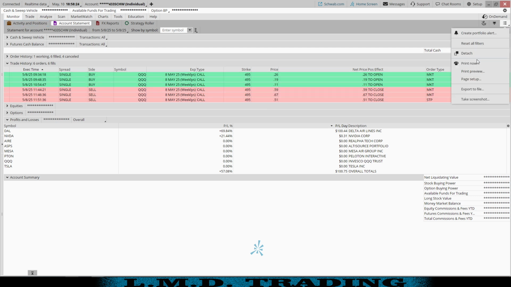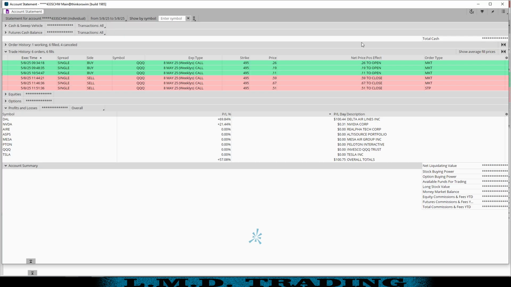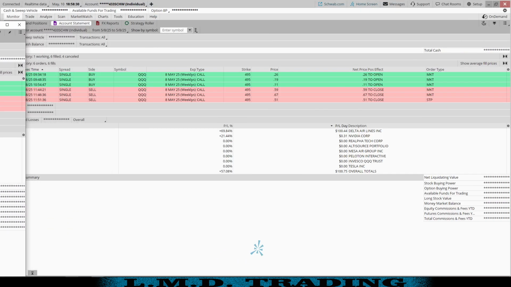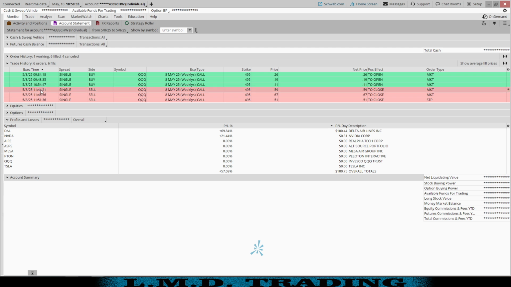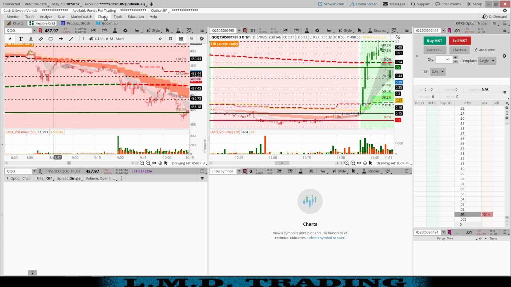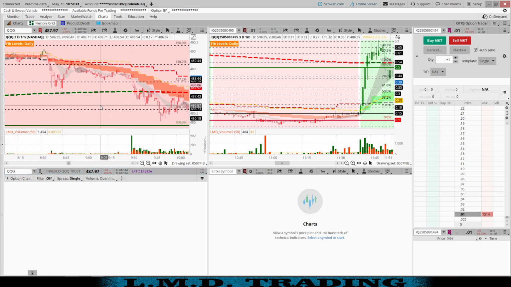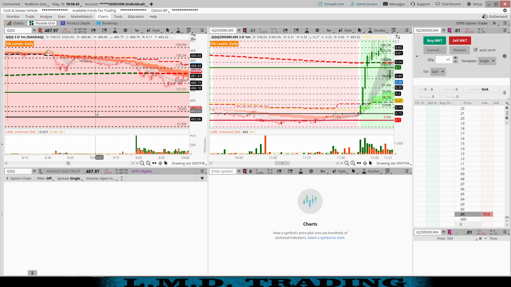I'm going to just detach this and drag it over to another screen real quick, just so I can be looking at that, and I'll be using that to drop arrows on the charts for these trades, and then I'm going to explain to you my thought process when trading this edge. When trading this edge, let me do that because it disconnected it.